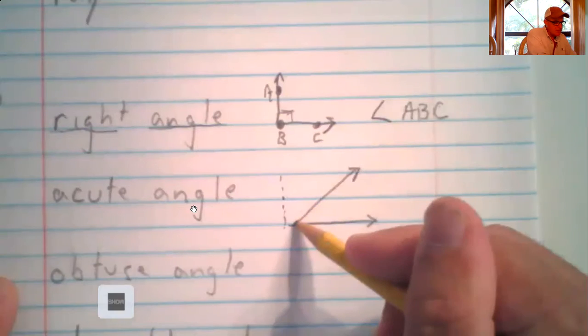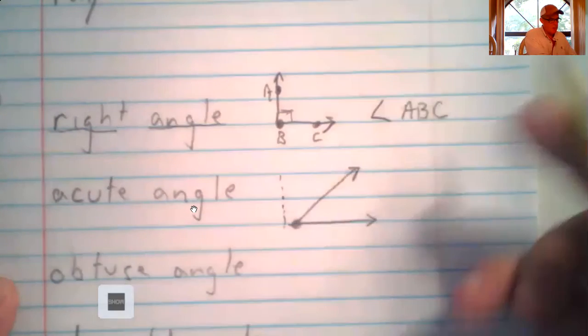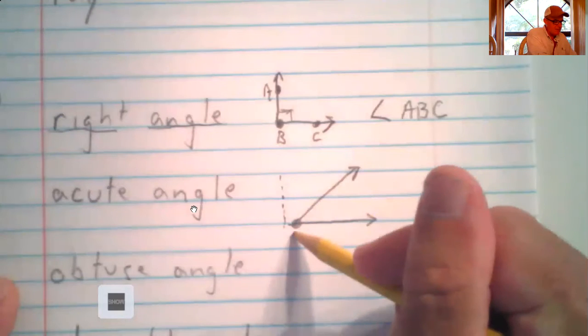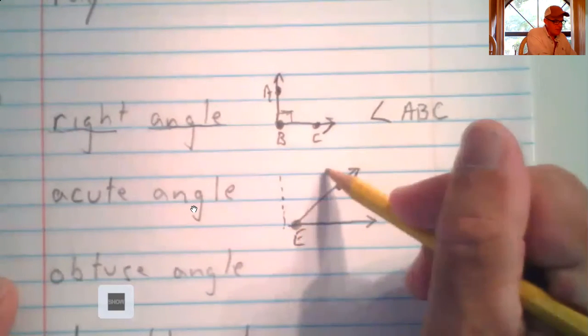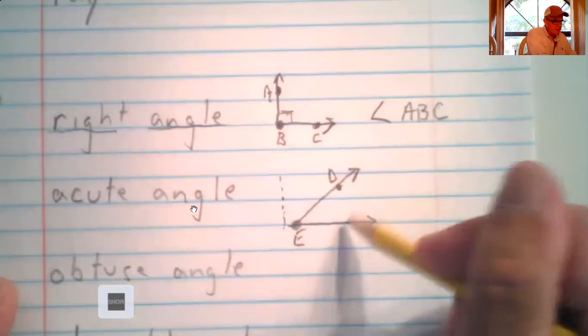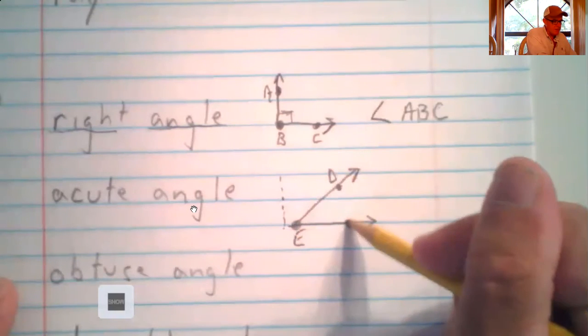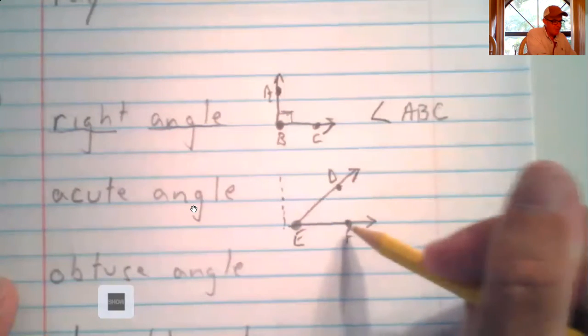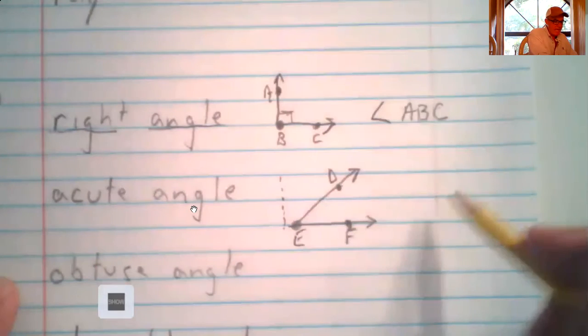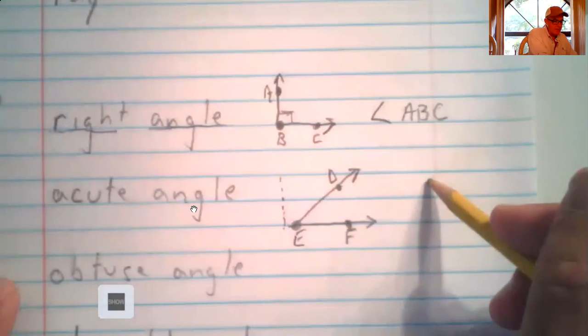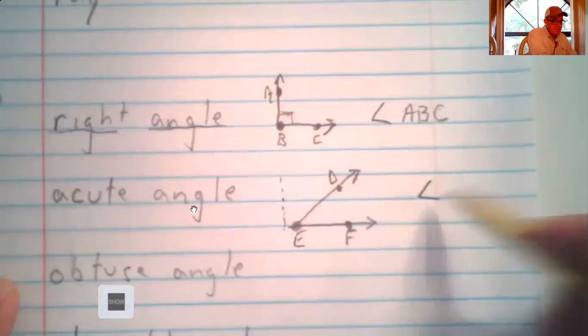These two lines are going to meet at this common endpoint, and I'm going to call this endpoint E. Let's make this point right here D, and this point right here the letter F. These are my 3 points. So this angle right here would be called angle DEF.